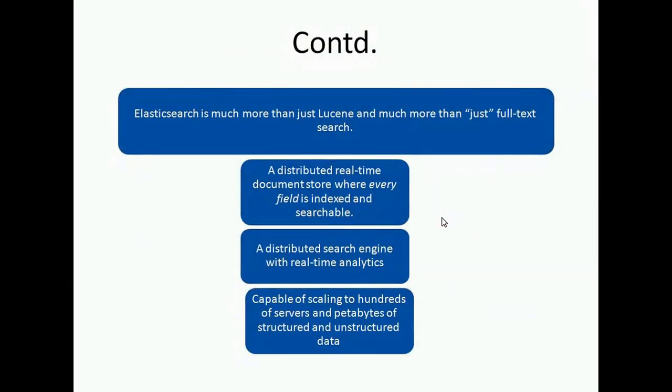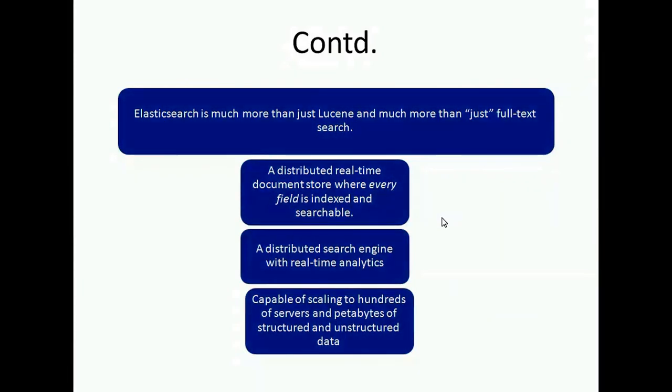So what is it? It is a distributed real-time document store where every field is indexed and searchable. It is a distributed search engine with real-time analytics, and it is also capable of scaling to hundreds of servers and petabytes of structured and unstructured data.